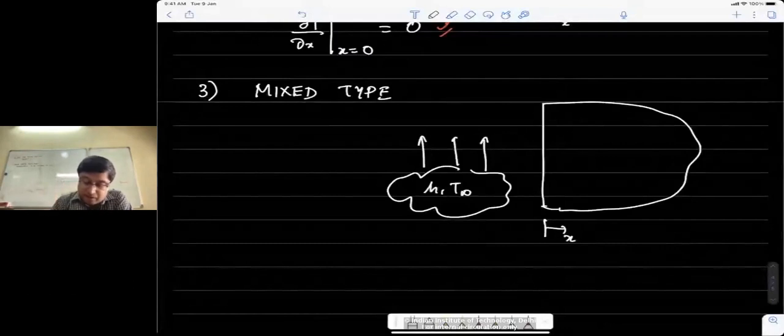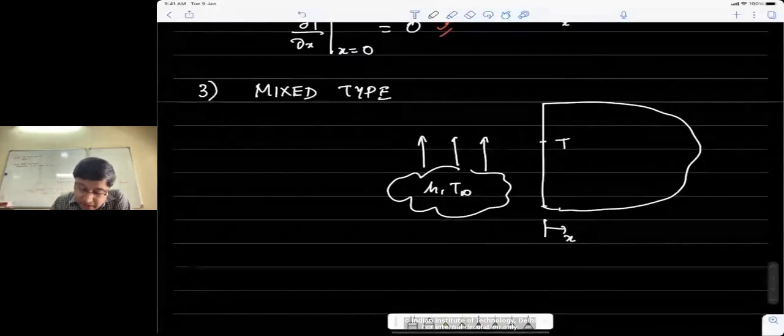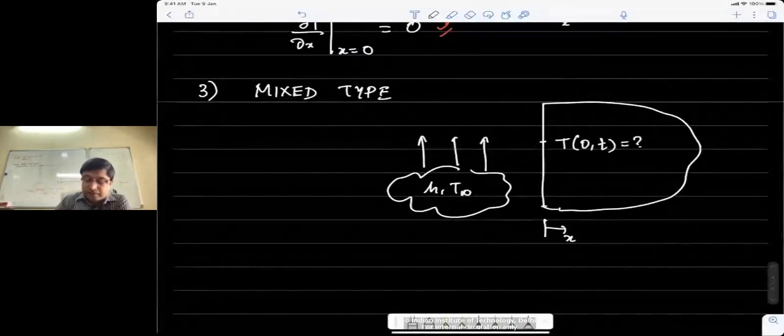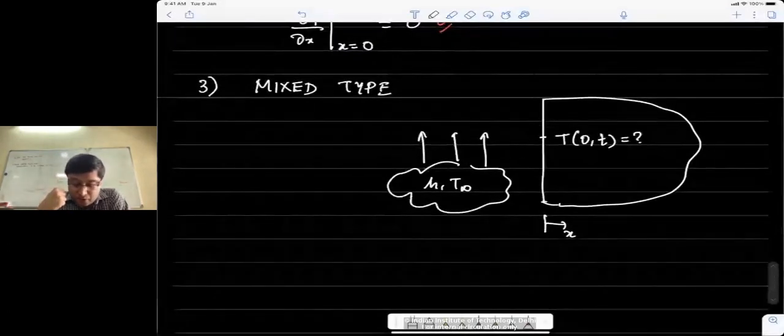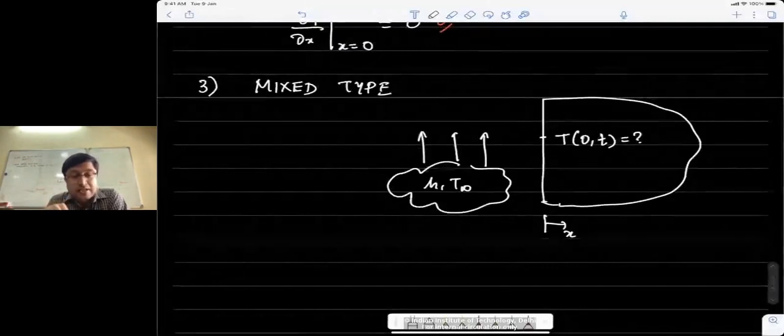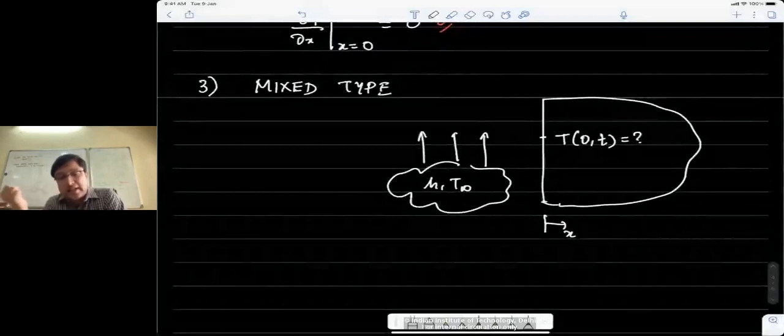Irrespective of whether T infinity is more than the surface temperature, let's say T0 comma T, which I don't know, an unknown so far because this boundary condition does not specify the surface temperature, I assume that the fluid is giving away heat to the surface, and the surface is conducting that heat into the bulk.